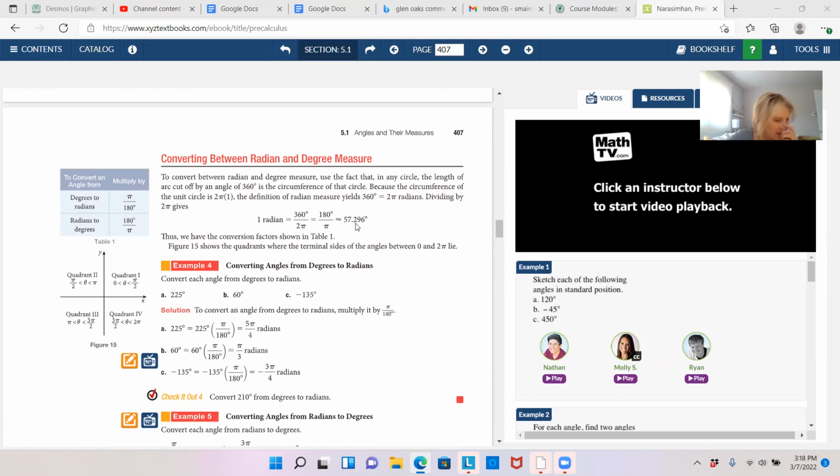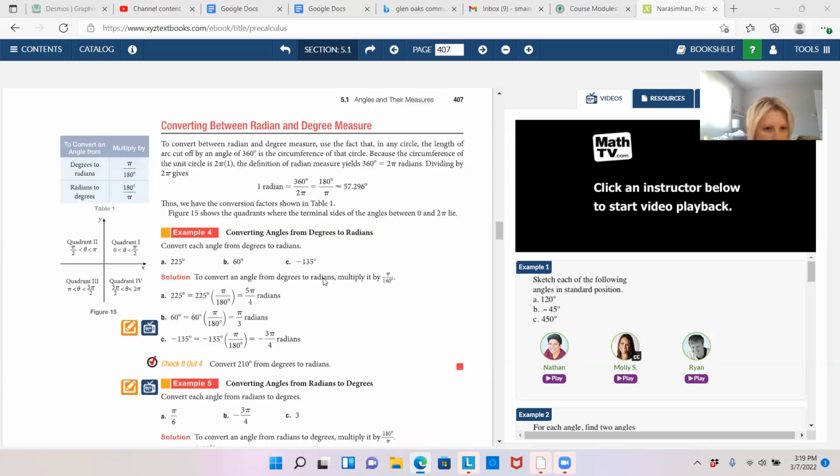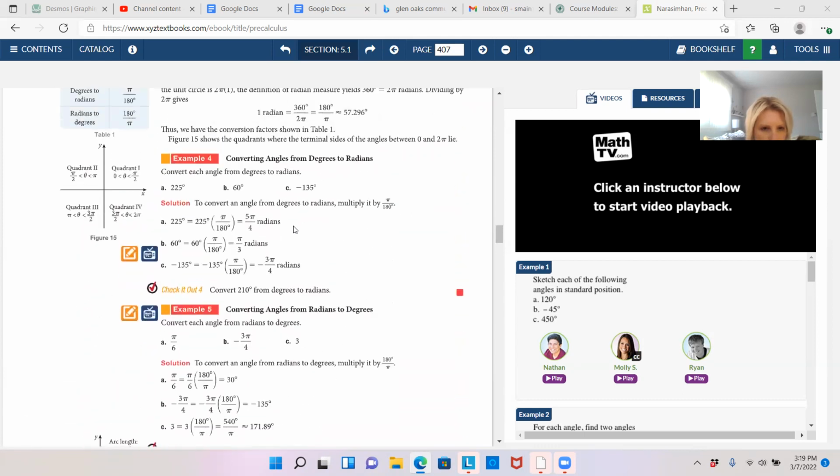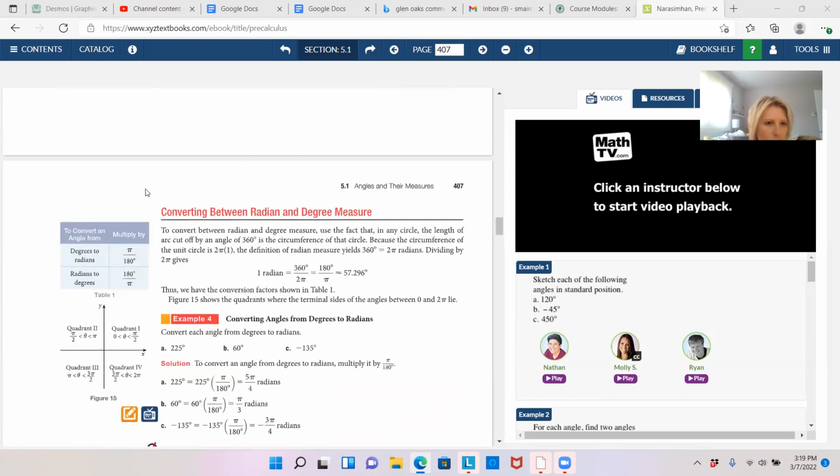So to go from converting angles from degrees to radians, we are going to multiply by pi over 180. They give us some direction here, right here at the top of page 407 where my mouse is. So degrees to radians, you're going to multiply by pi over 180. And if you're going from radians to degrees, you're going to multiply by 180 over pi.